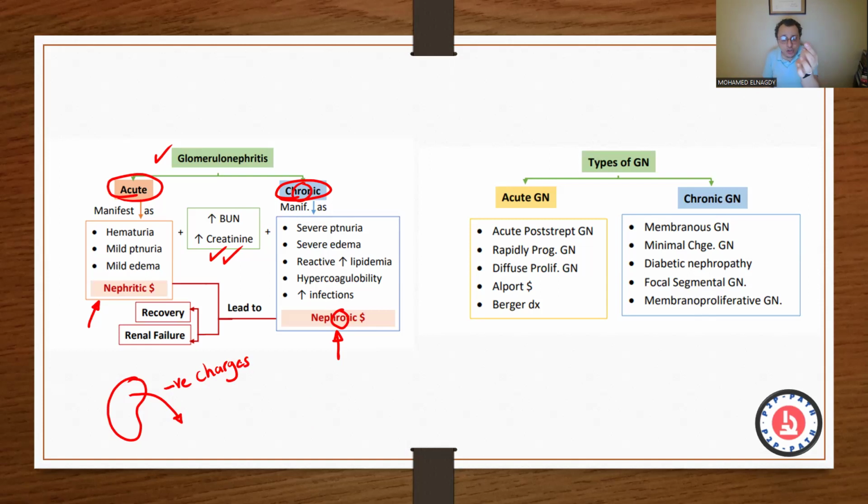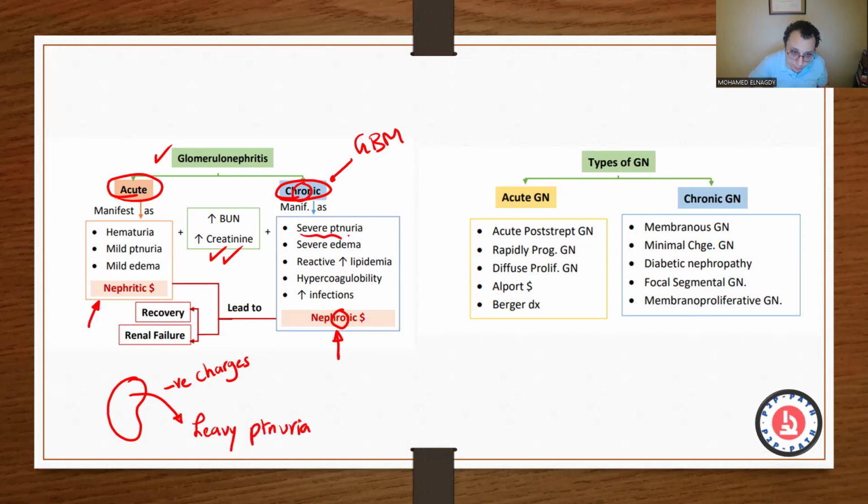These negatively charged molecules and the filtration slits which exist in the glomerular filtration barrier are the ones which prevent the filtration of the proteins and the proteinuria. That's why when the main injury in chronic glomerulonephritis is happening in the GBM, or the glomerular basement membrane, you will have heavy proteinuria.